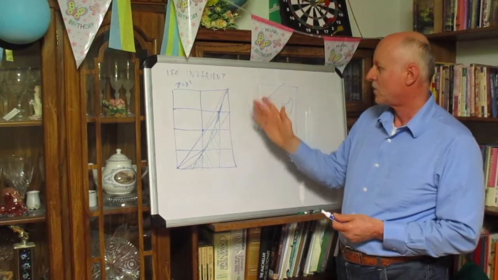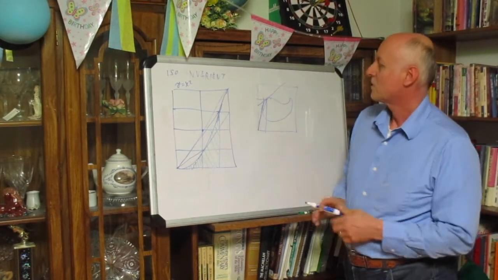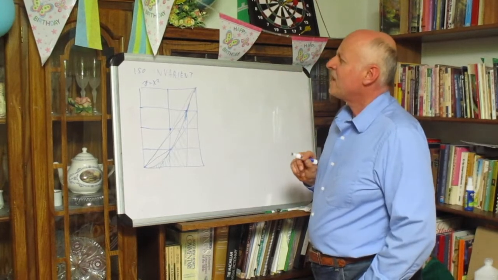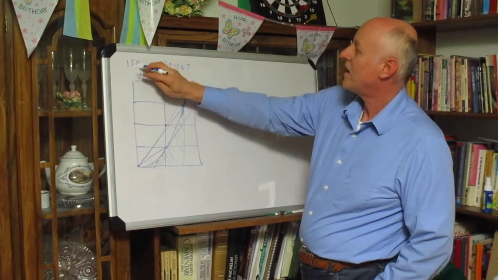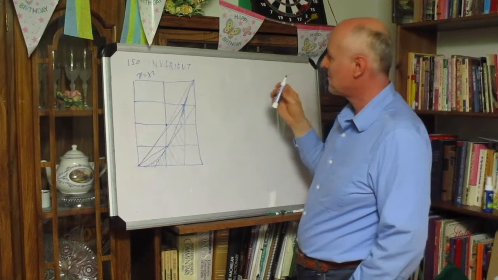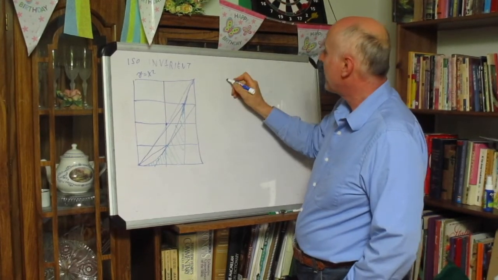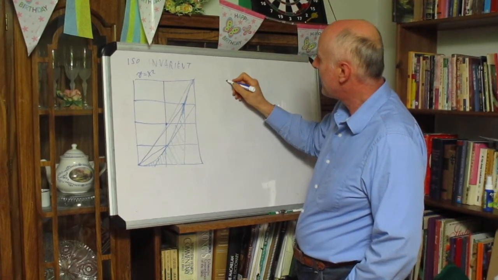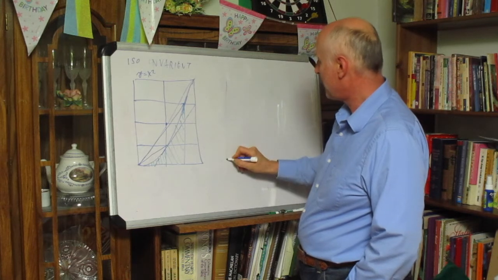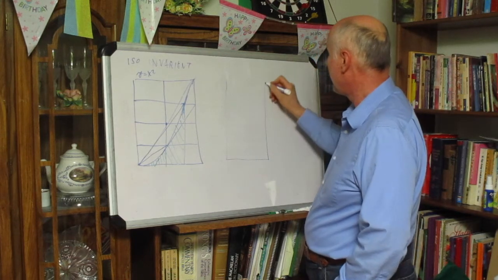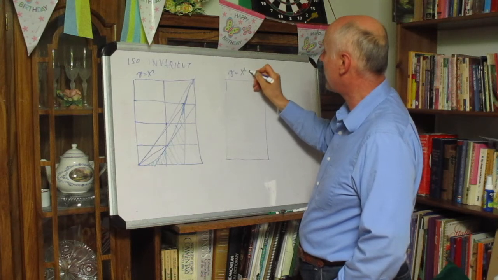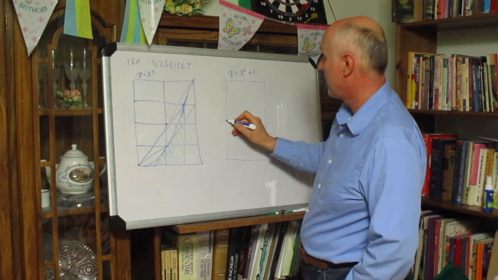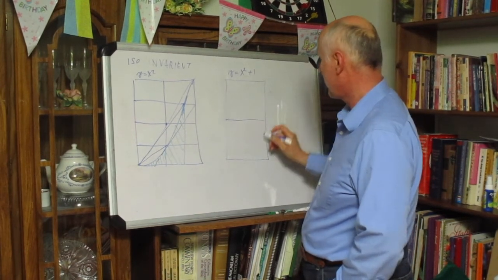So we got that. Here is the illustration between a special kind of curve, the Iso Invariant, versus just invariant. Let's say we have another kind of curve, called y equals x squared plus 1. What will that look like?